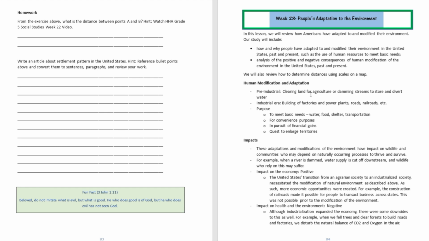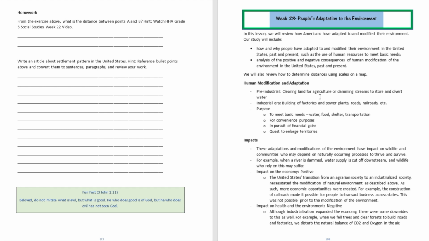So that's a form of modification of the environment. When you clear the land for the purpose of planting crops and growing crops and trees, you are modifying the environment, and that was what was prevalent in agrarian America, especially prior to the advent of the Europeans. Then here came the Industrial Revolution.